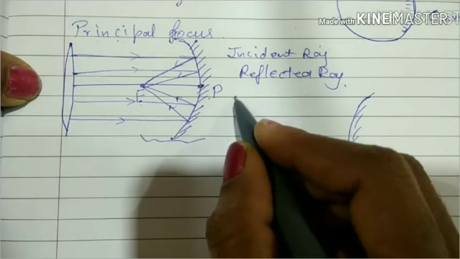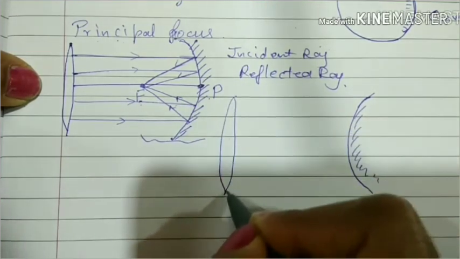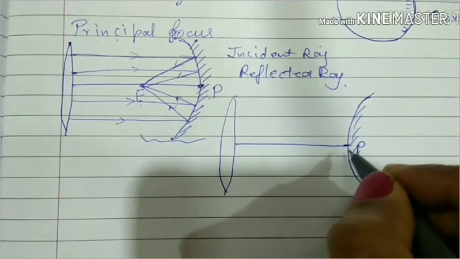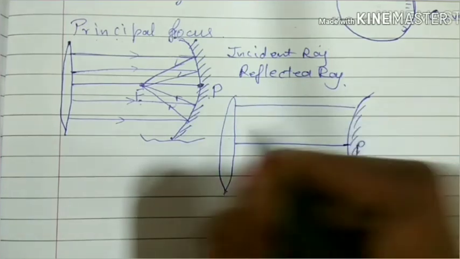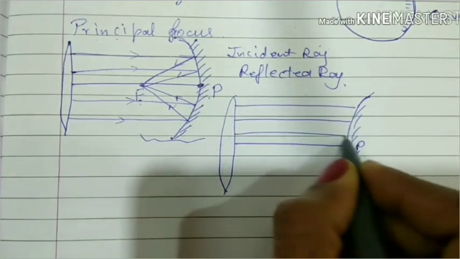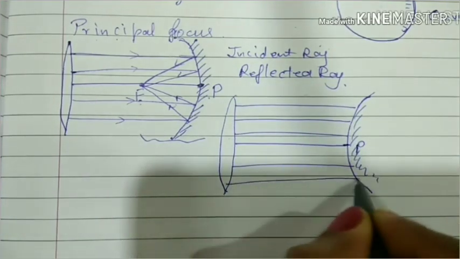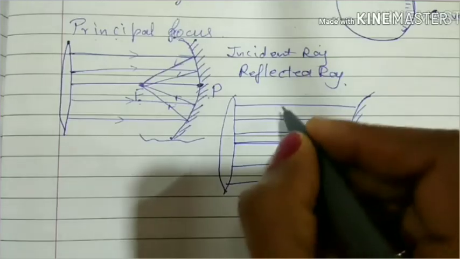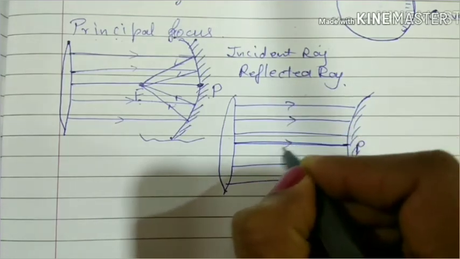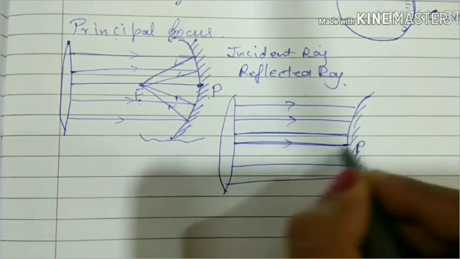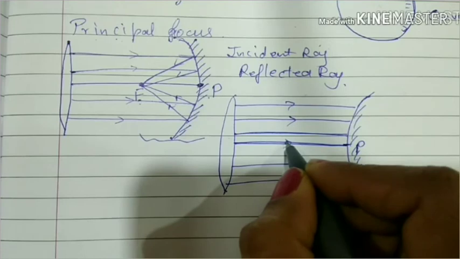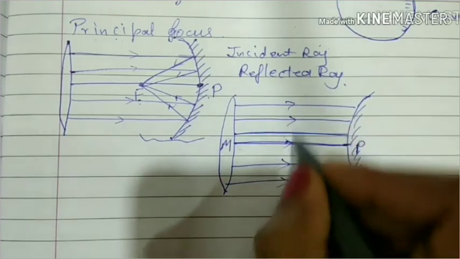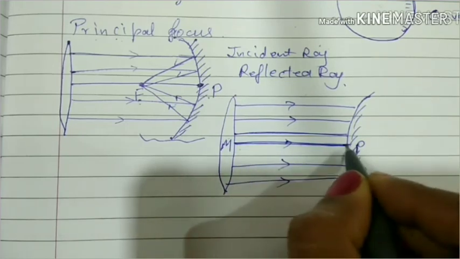Again, if we place a source of object here, this is the principal axis, this is the pole, and all the incident rays that are parallel to the principal axis, let's name it PM, are the incident rays which are parallel to the principal axis.